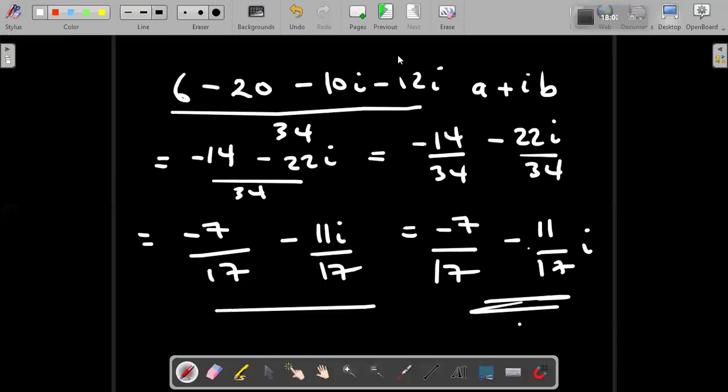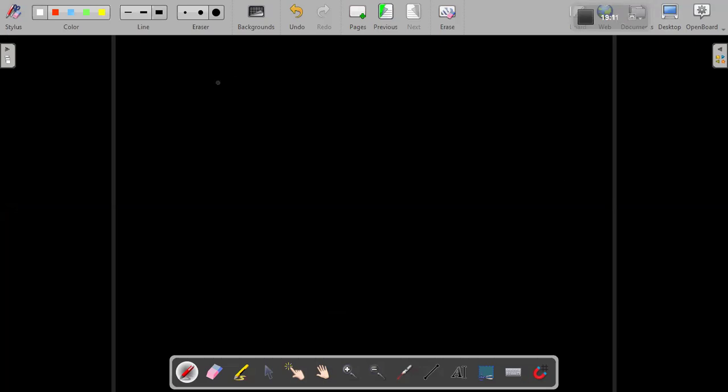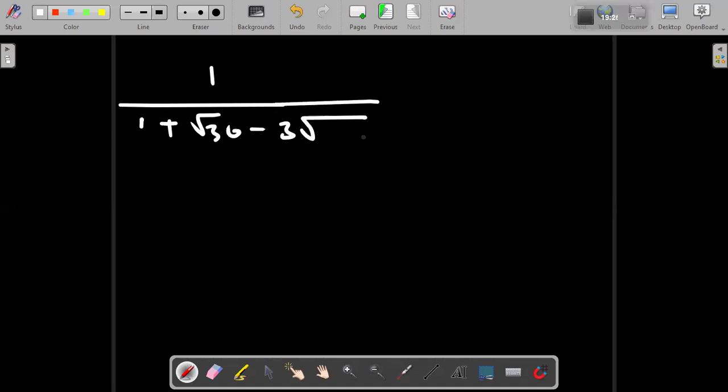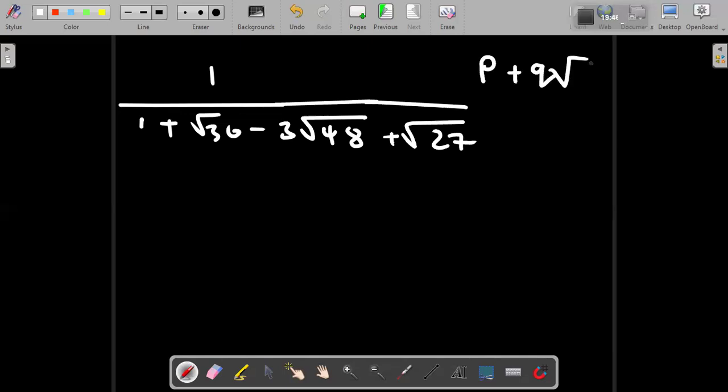Okay, so how we do that is we have to simplify 1 over 1 plus root of 36 minus root of 48, plus root of 27.